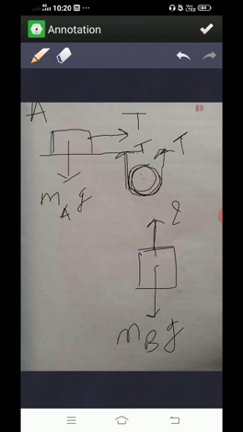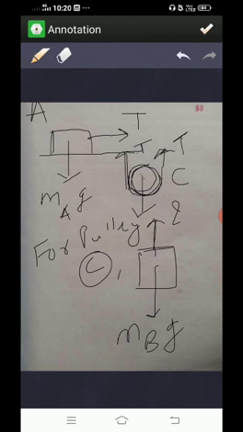So tell me, what is that T? For pulley C, use the equilibrium equation, that is summation of Fy equal to 0.